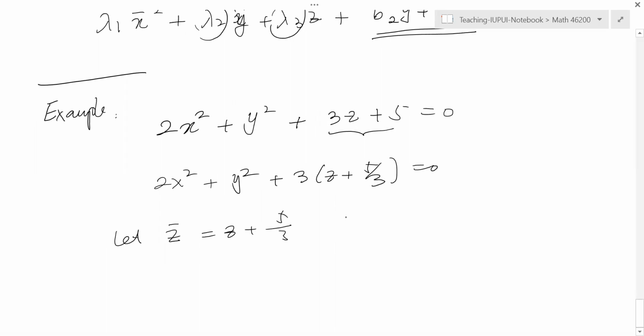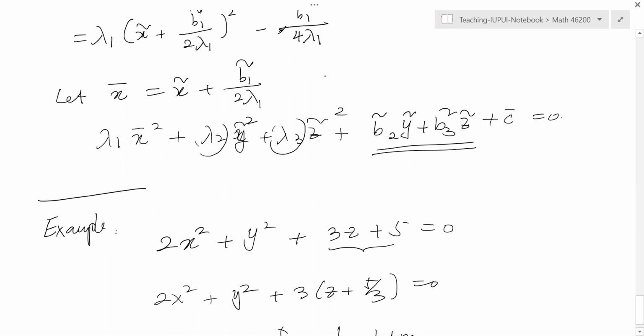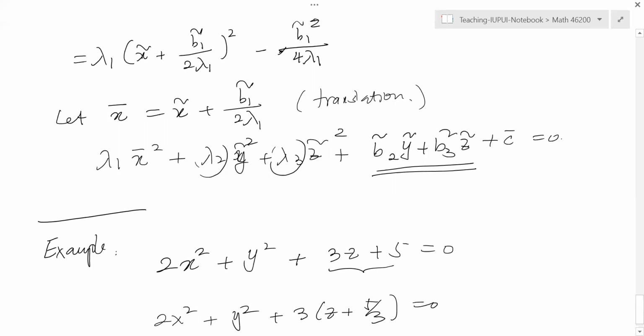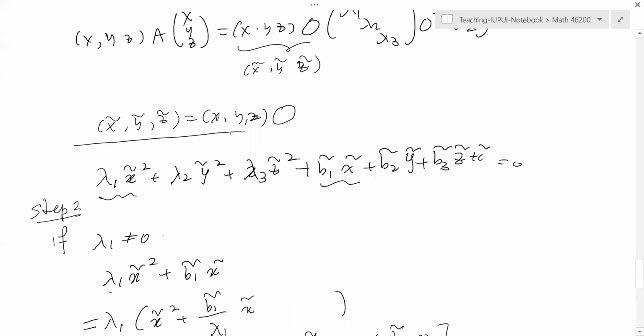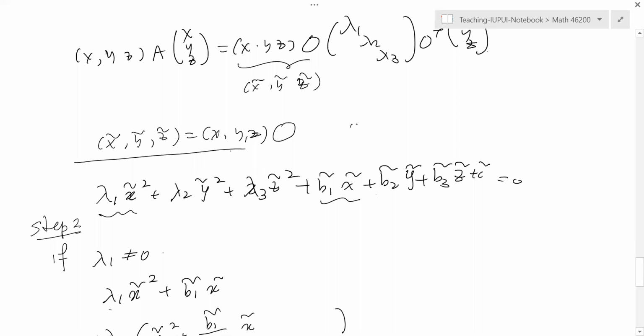This is a translation, and here is also a translation. And this is actually called a rotation. You rotate the vector by this matrix.